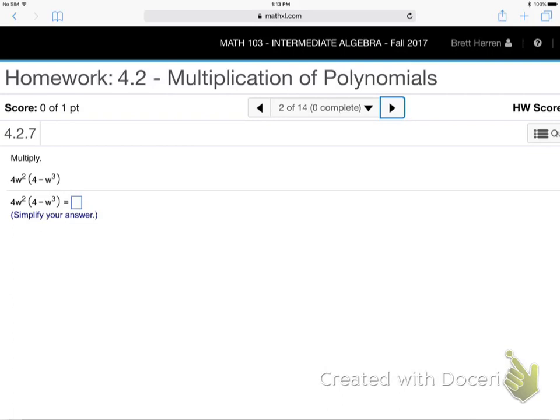It's a little more involved here. So how about 4w squared times 4 minus w to the third? I think you know how to do that. Give that a try.